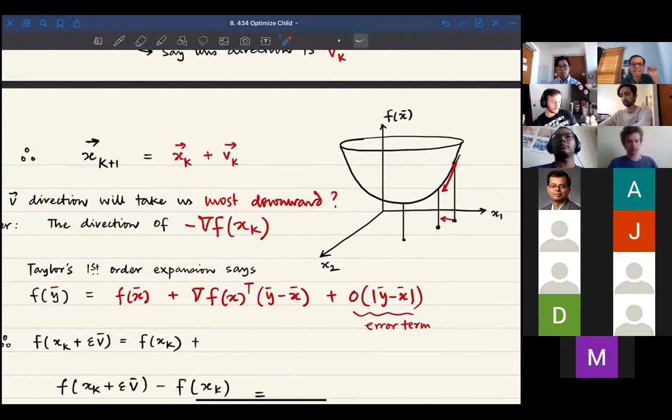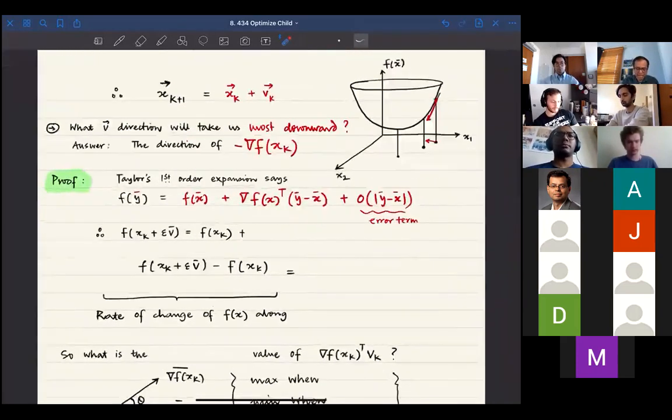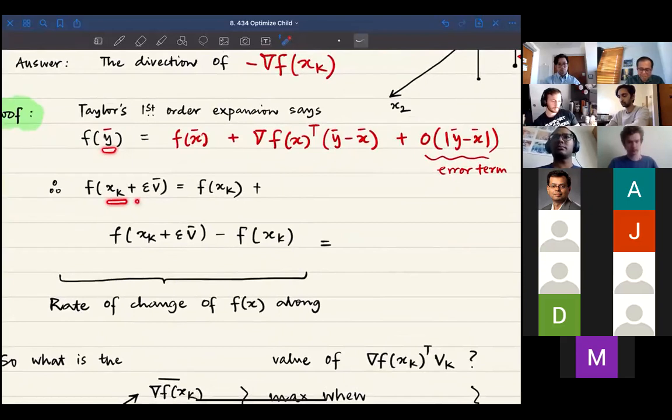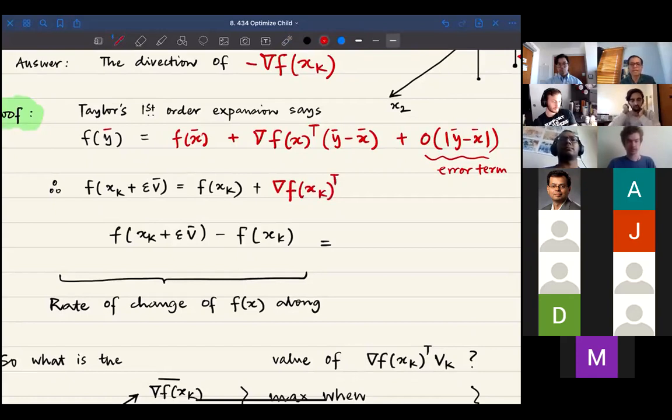Very good. Now, if I want to go a little bit, let's say epsilon, then I can write y as xk plus epsilon v in the v direction. So let me write y as xk plus epsilon v, and that will be equal to f of xk plus delta f of xk transpose times, now what is y minus x? y minus x is nothing but epsilon v, plus order of epsilon.